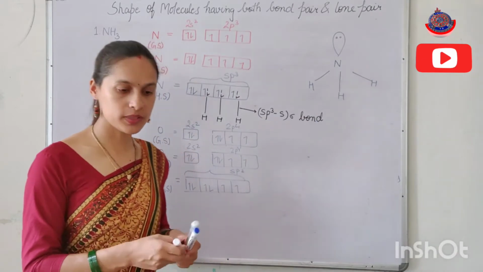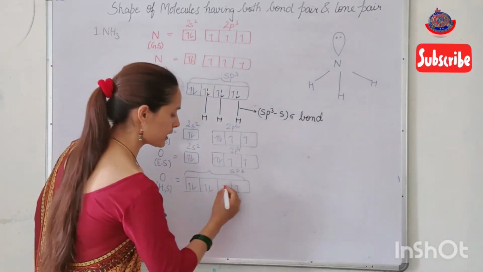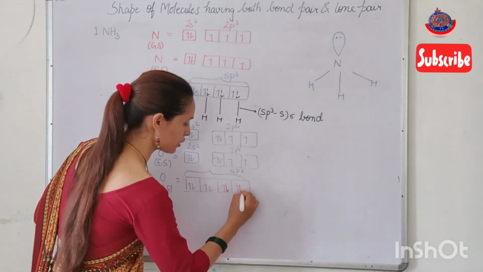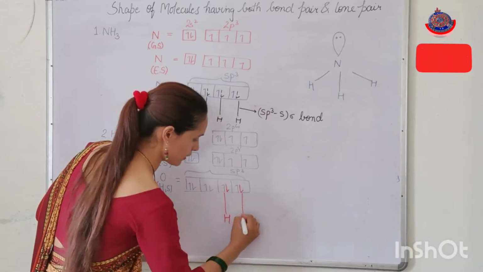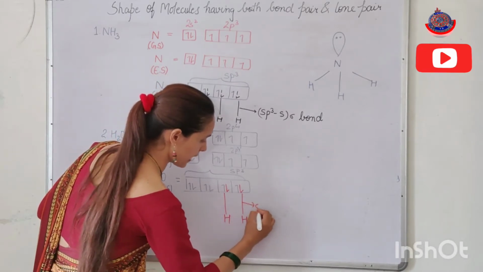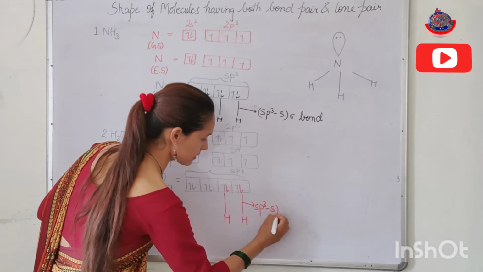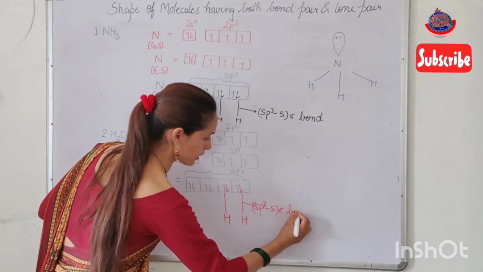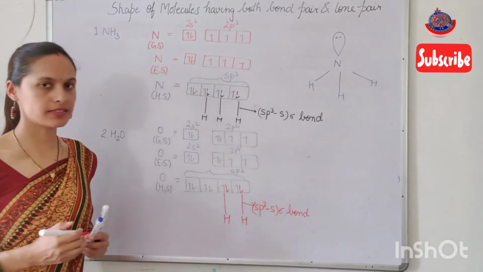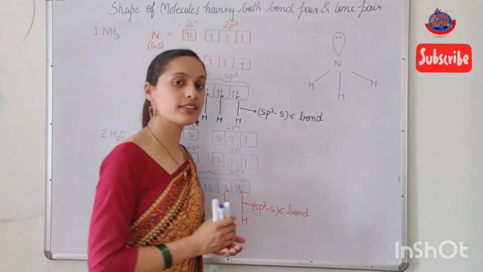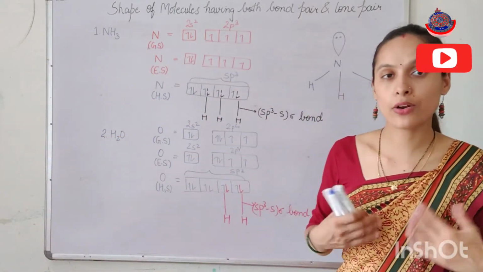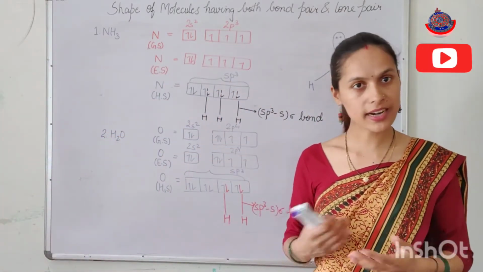With the 2 half-filled hybrid orbitals, hydrogen combines to form sp3-s sigma bonds. And because the hybridization is sp3, the regular geometry should be tetrahedral.